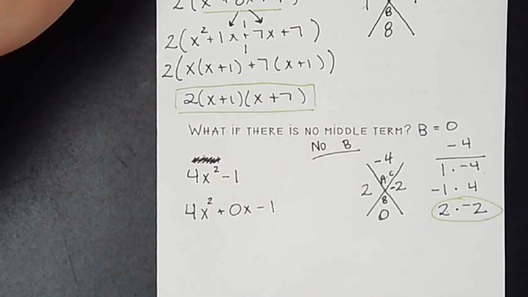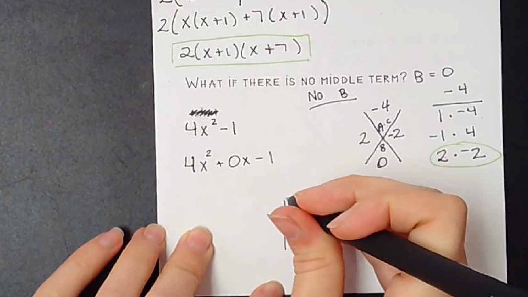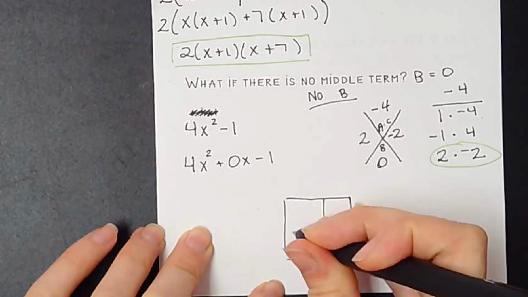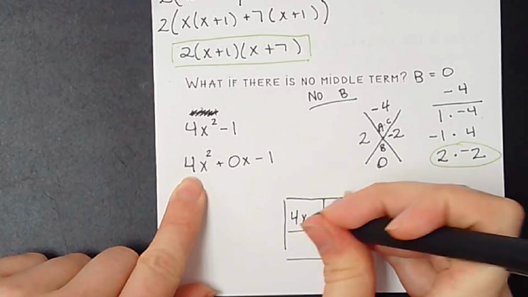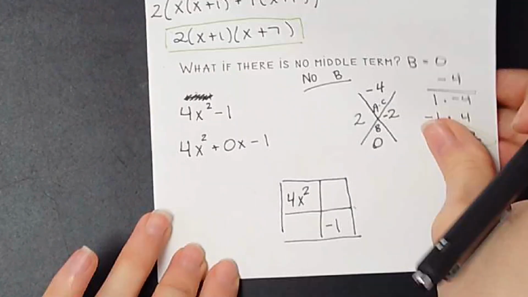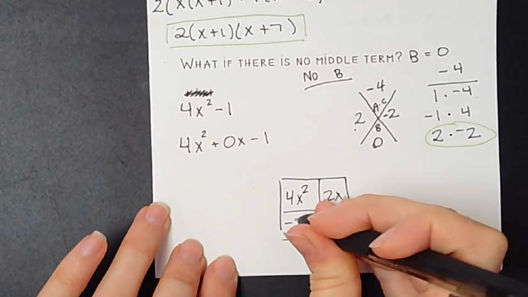If I factor this one using the box method, I know in my top left corner, I would have 4x squared. Bottom right corner, I would have negative 1. And I'm splitting my middle term into 2x and negative 2x.